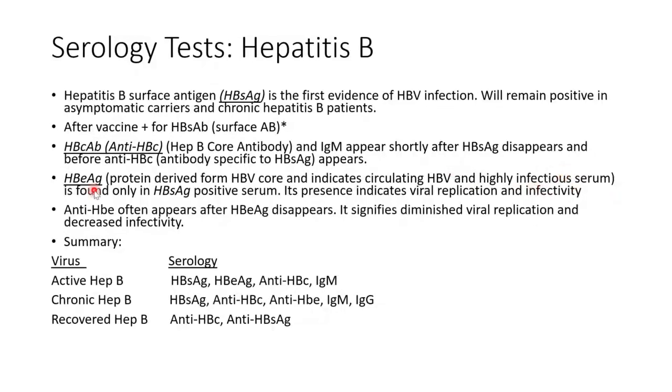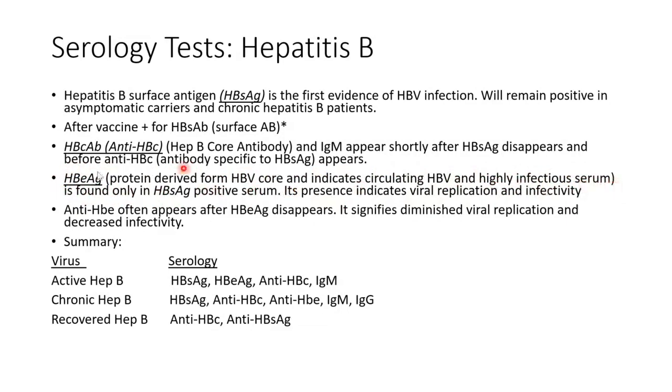Highly infectious serum. So this HBe antigen is found only in HBsAg positive serum, and its presence indicates that there's viral replication going on and infectivity. So this is highly infectious. When somebody has a positive hepatitis B E antigen, they are viral replicating and have highly infectious serum. Well, that's pretty clear, right?